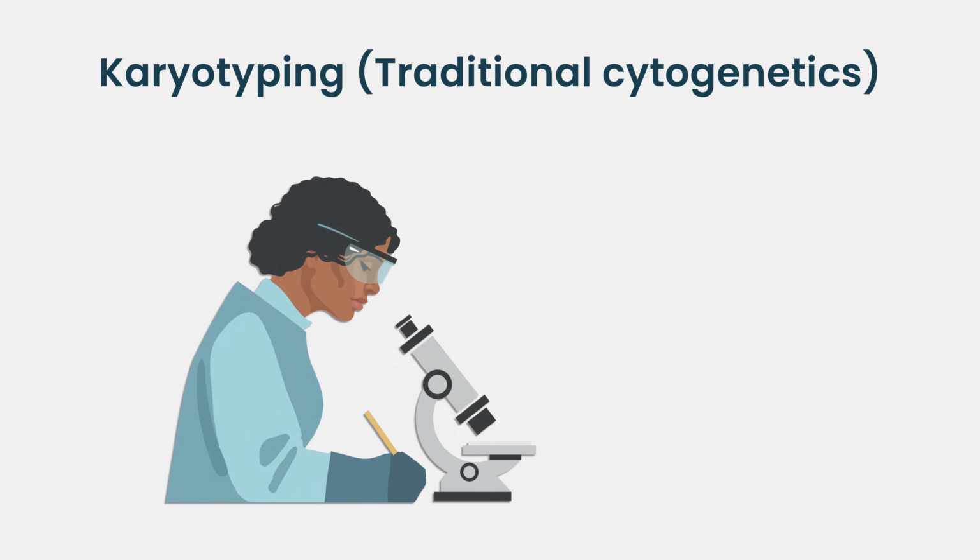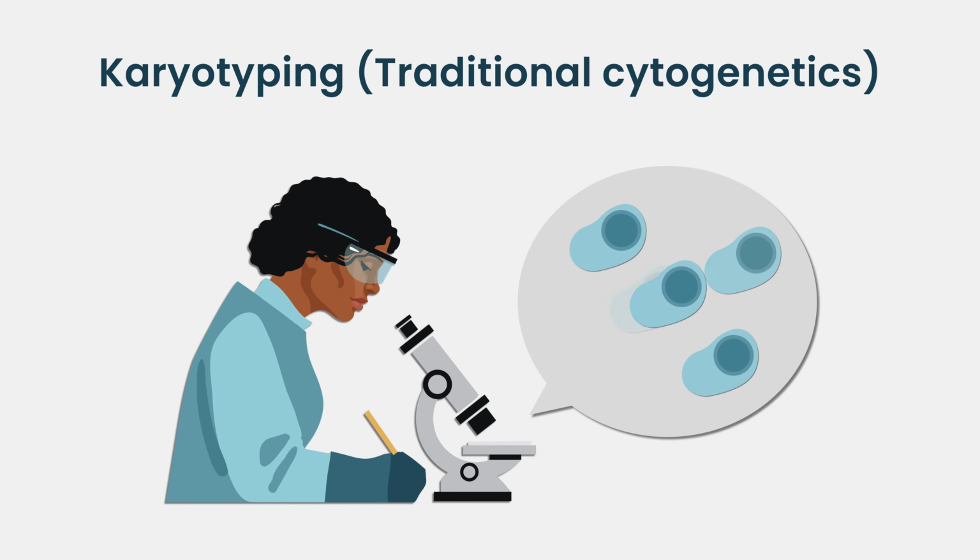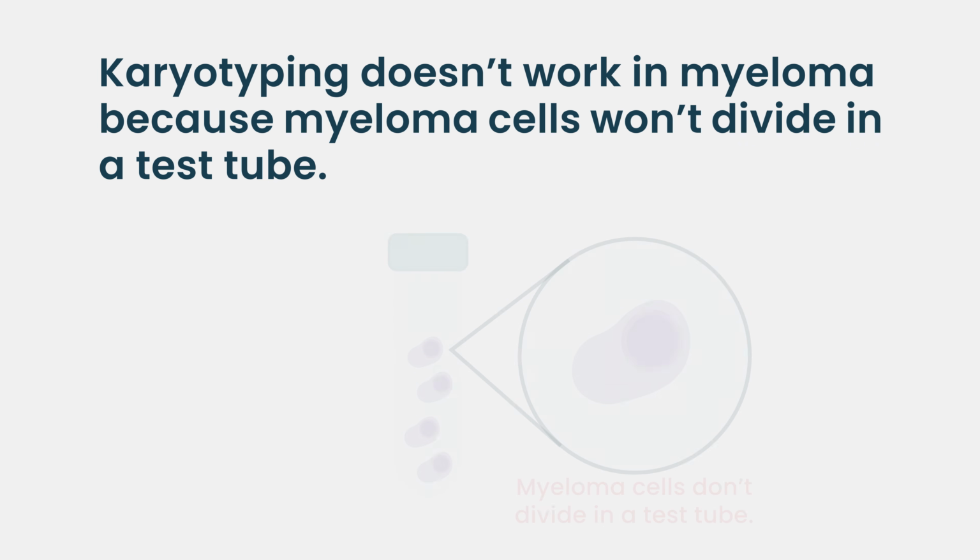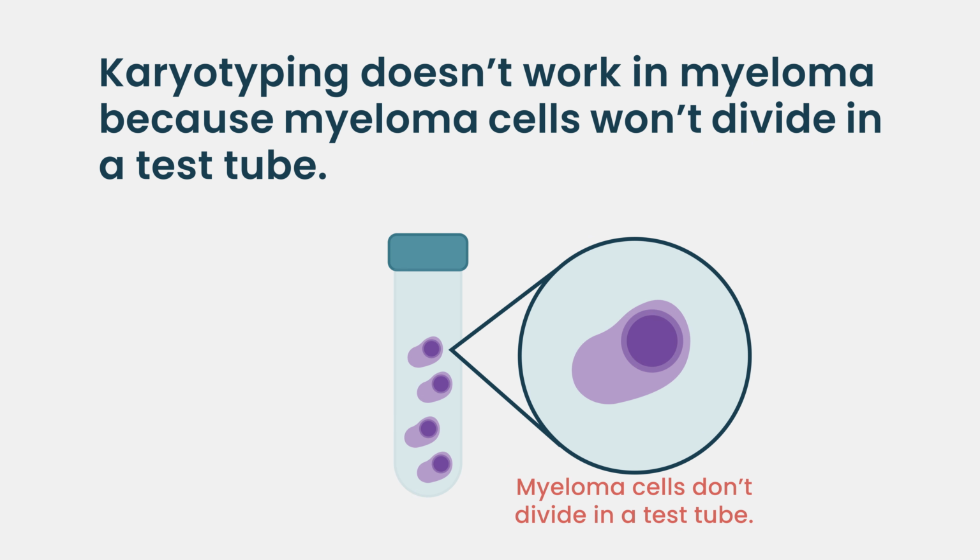So cytogenetics just basically means testing the chromosomes of the cell. And so that can be done in a couple different ways. One way, a traditional way, would be looking at all the chromosomes in a dividing cell and looking at the structure of the chromosomes. That's called a karyotype analysis. That often doesn't work very well in multiple myeloma because most of the cells won't divide in the test tube, outside of the body.